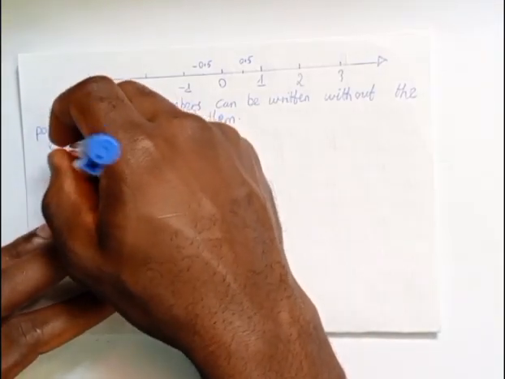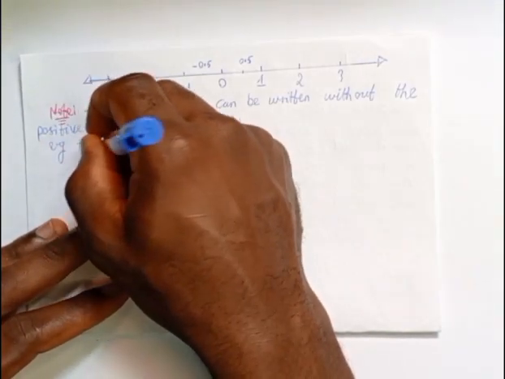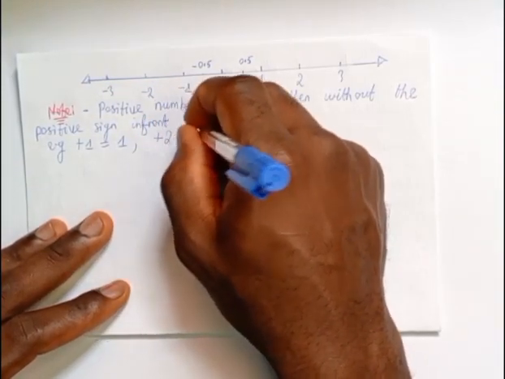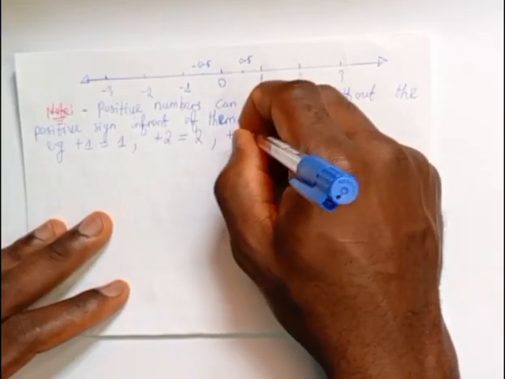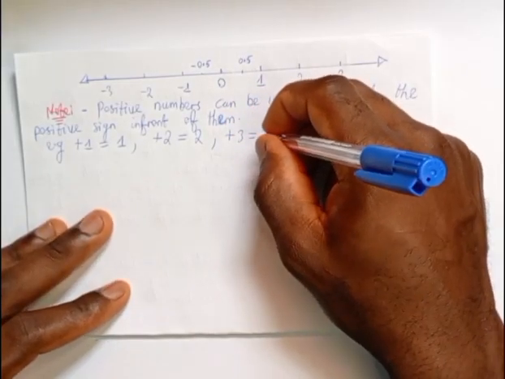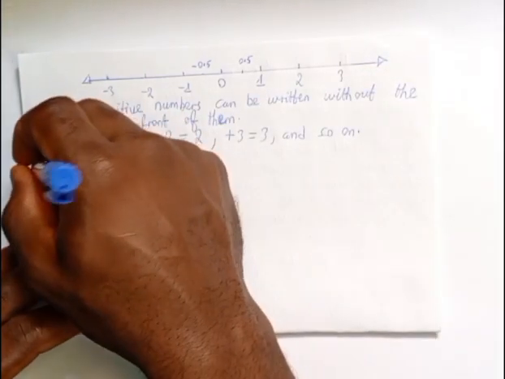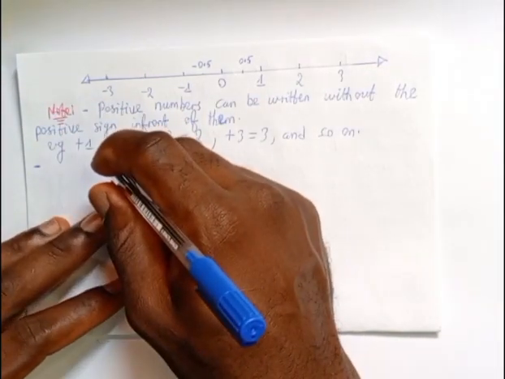For example, you can write positive 1 as 1 without the positive sign, positive 2 as 2, positive 3 as 3, and so on.